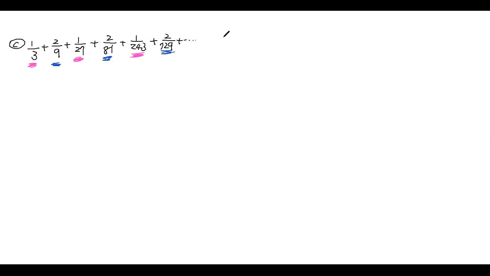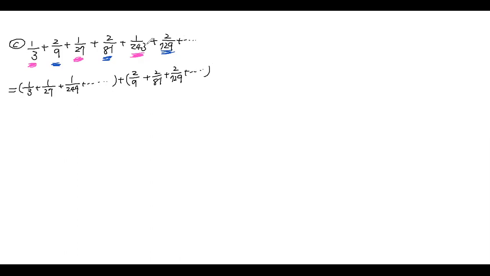From your detective eyes, you can say, okay, let me rearrange my purple one: 1/3 plus 1/27 plus 1/243. Seems this is one pattern, right? And now I add my blue one: 2/9 plus 2/81 plus 2/729.